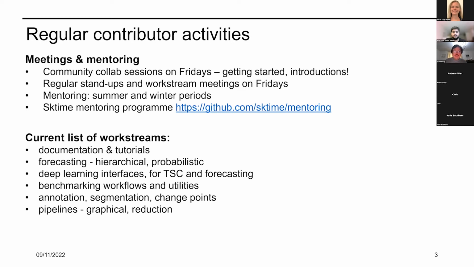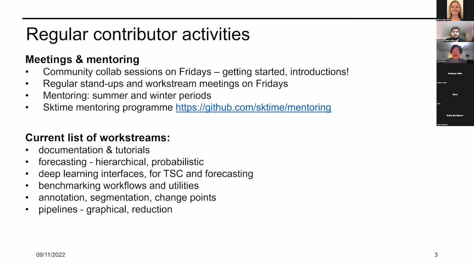We also have regular stand-ups for the work streams that are currently running on sktime, and we have a mentoring program which usually runs over summer and winter periods. So we'll have mentoring activities also starting in the winter period after this developer sprint, if you're interested in mentoring. That means you have regular meetings with one or a few of the core developers. You can contribute at your own pace.